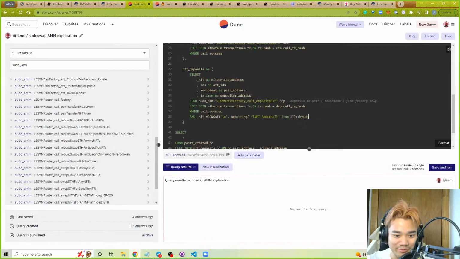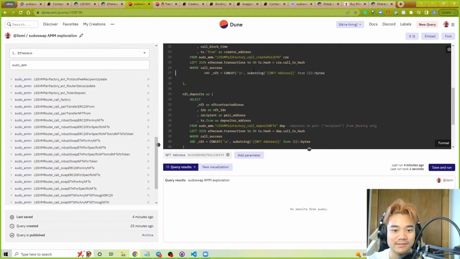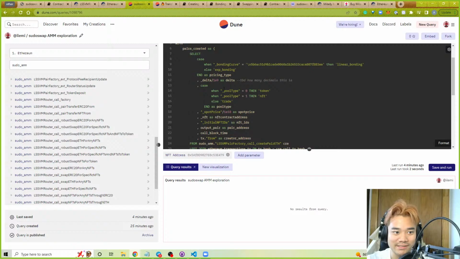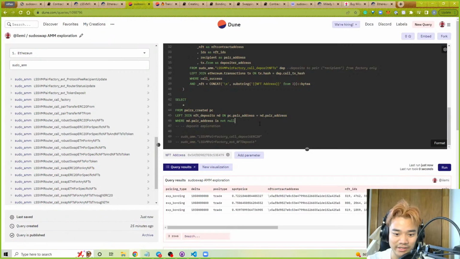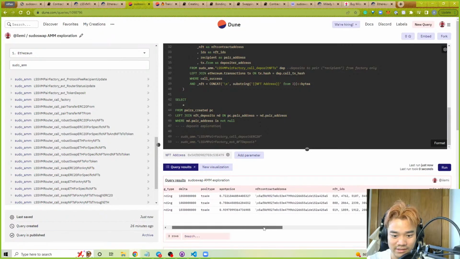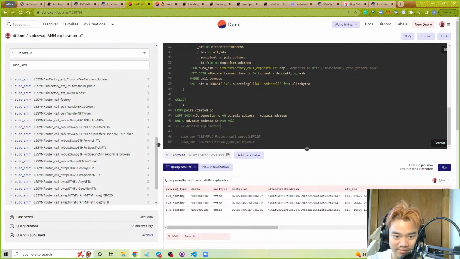The reason I was looking at a previous query to copy this over is just because I forgot how to take out the /x, basically. So this is here. We want where this is equal, and we want where this is equal. So now we're basically getting all pairs and deposits for just the Milady contract, which looks like it's a bonding, and there are a few deposits.